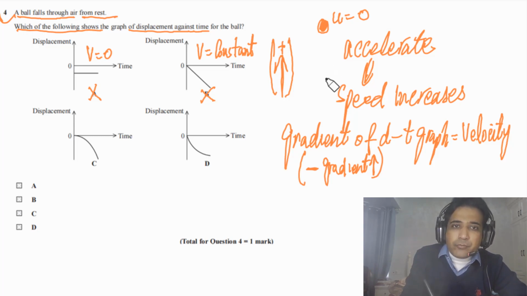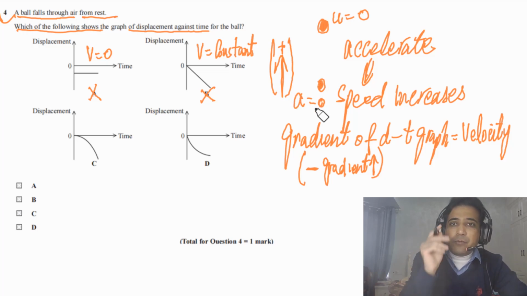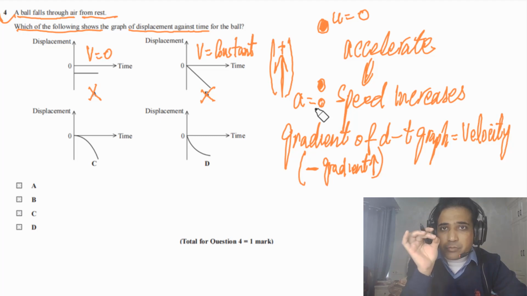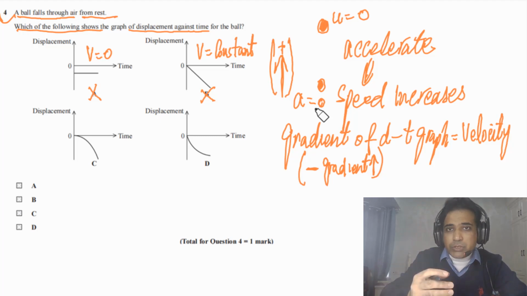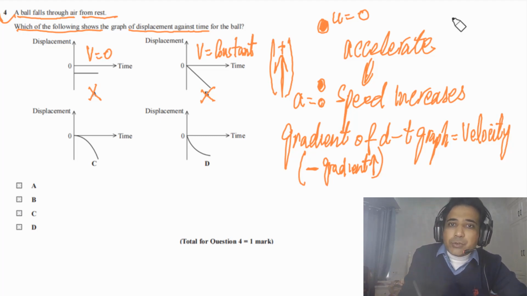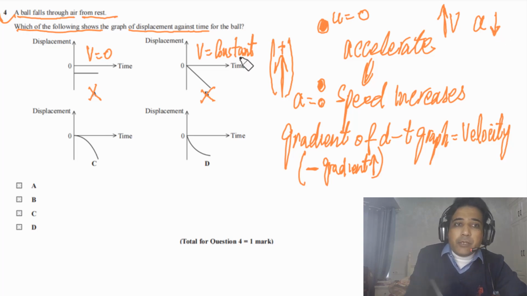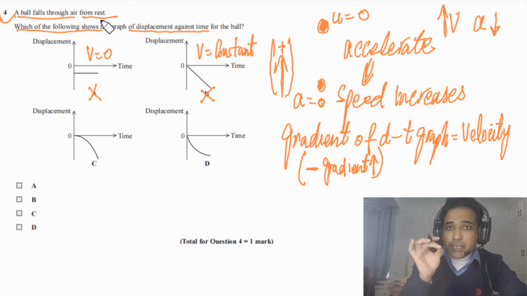When this ball reaches terminal velocity, its acceleration will be equal to 0, but it will have a certain maximum terminal velocity. So when the ball drops, its speed will go on increasing, but its acceleration will go on decreasing. Very important. So you need to understand, the speed of the ball will go on increasing and the acceleration of the ball will keep on decreasing, if we consider the effect of air as well.